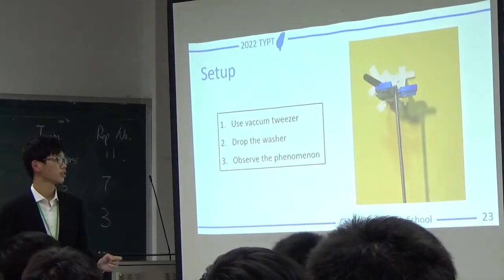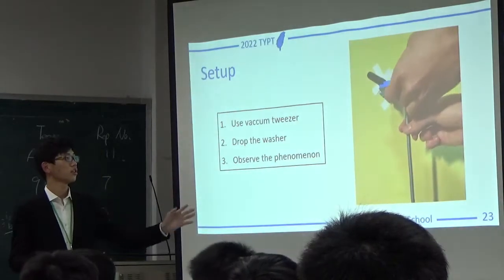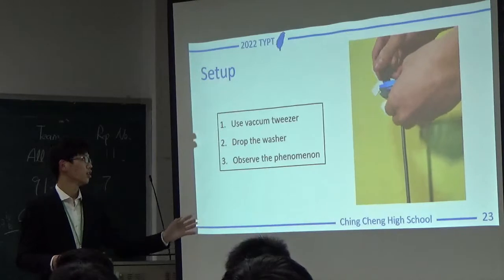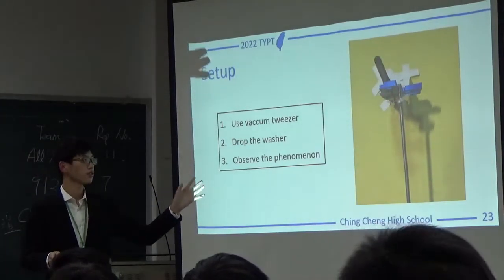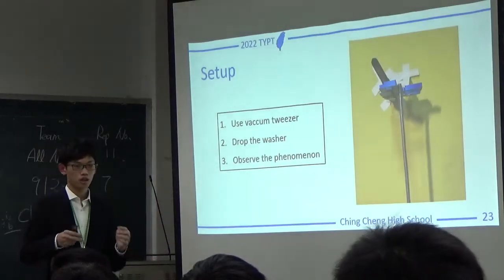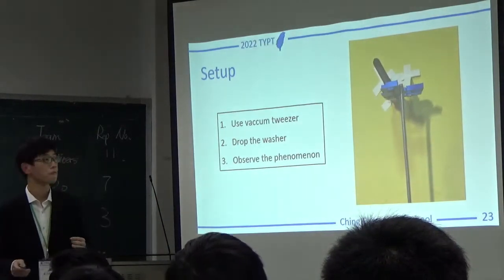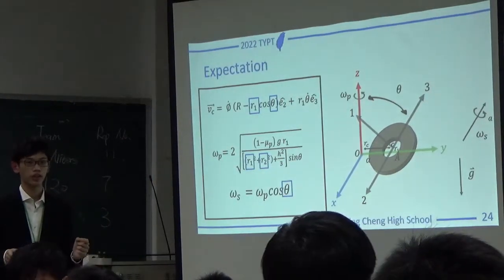As you can see, we lock the rod on the equipment and insert the vacuum tweezer on it, so we can let the washer release naturally, preventing the effect of our hands, and observe the phenomenon. And this is our expectation from our theory.